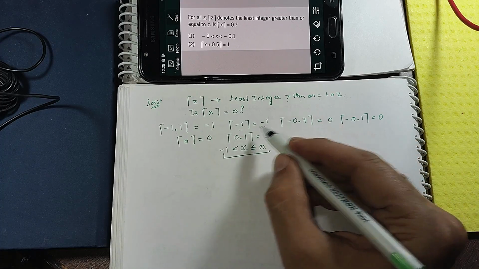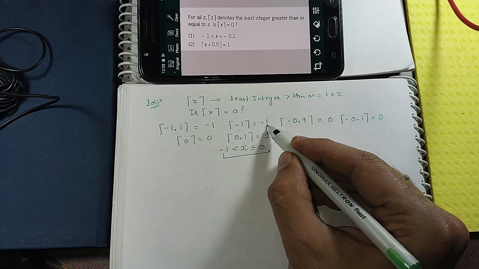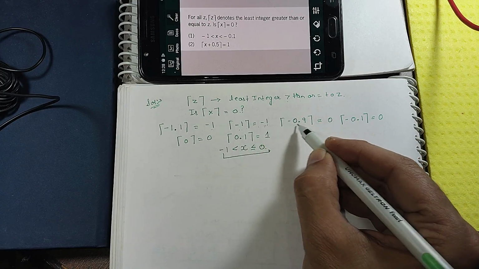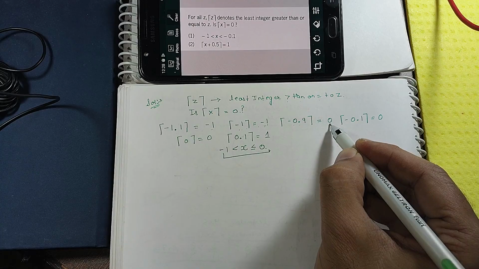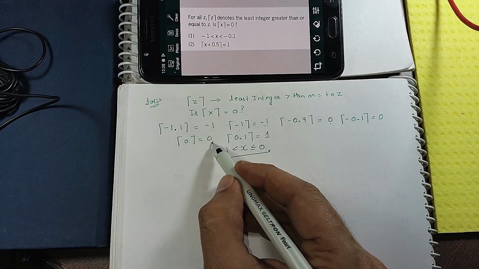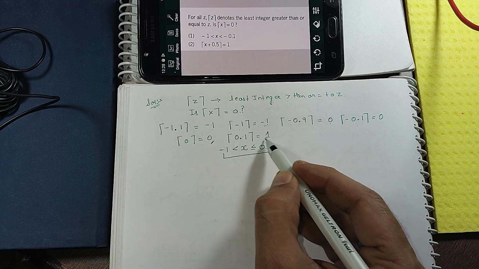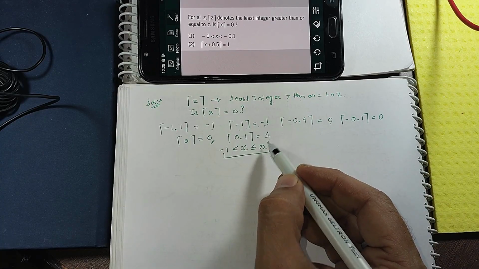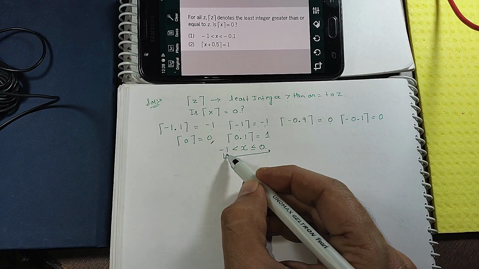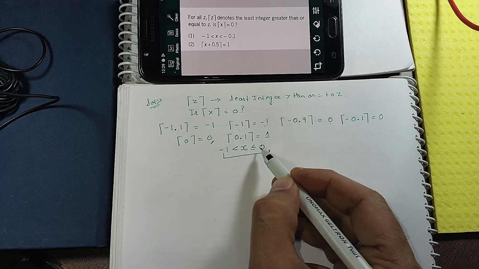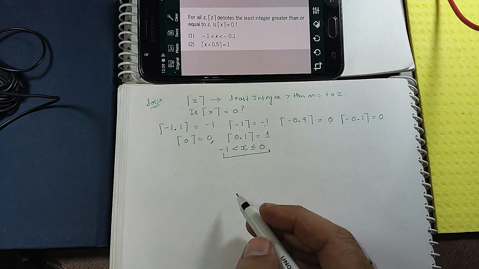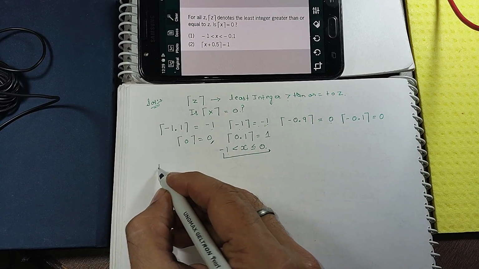See, as it is minus 1, its value is minus 1, but as it increases from minus 1 to minus 0.9, it is equal to 0, right? And up to what point? Up to 0. As it moves to positive 0.1, the least integer greater than or equal to 0.1 is 1. So basically I need to find whether x is in between greater than minus 1 and less than equal to 0, right? Now with this information I will move to statement 1.